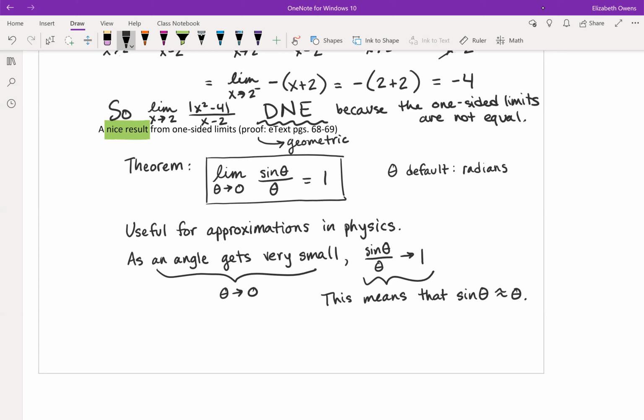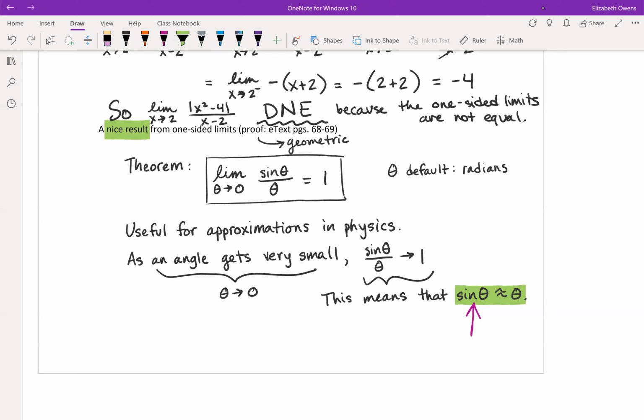So the sine of the angle and the value of that angle are almost the same for very, very small angles. And that's the useful thing. So in certain equations, as an approximation, sometimes it will be difficult to use a trig function in there.